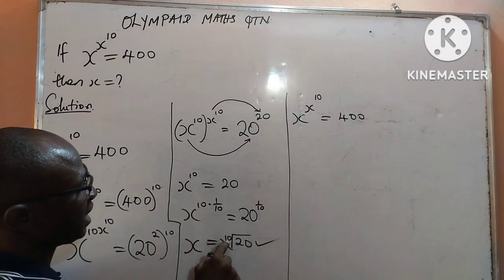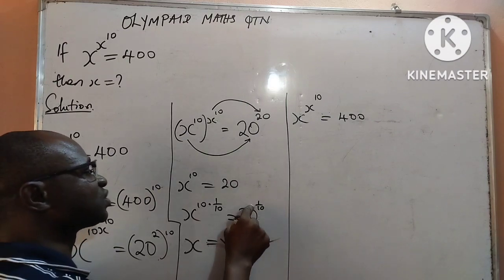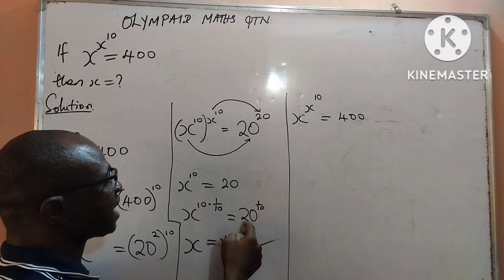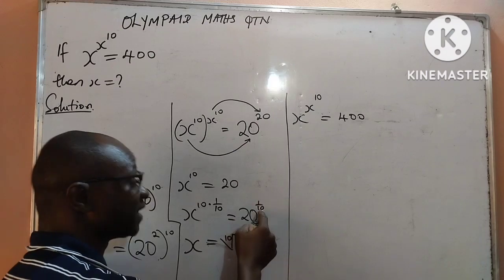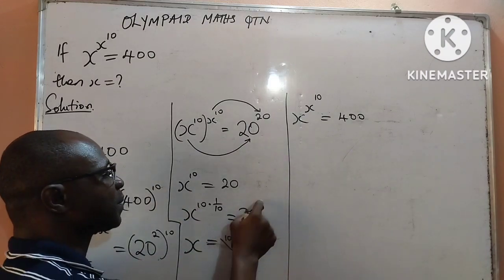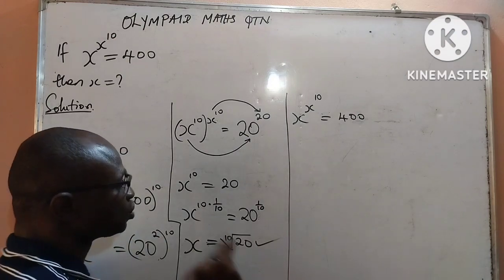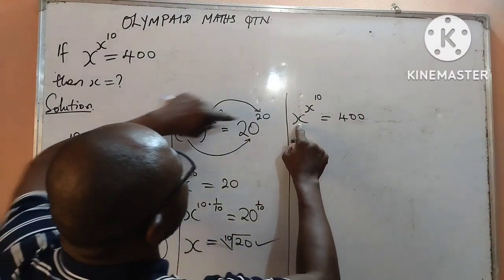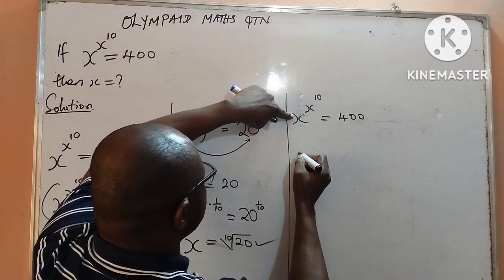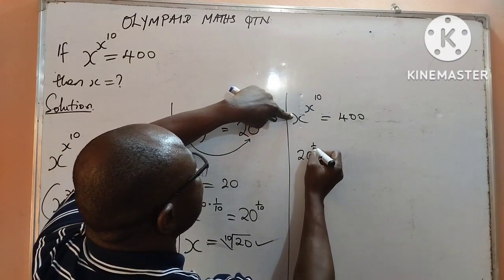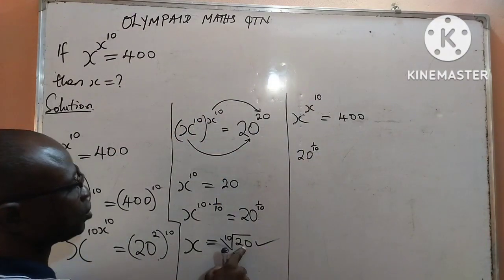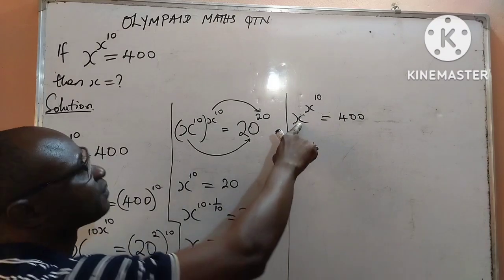But remember that the 10th root of 20 is the same as 20 raised to the power 1 over 10. Therefore, here, I will write 20 raised to the power 1 over 10. That is the 10th root of 20 for this base x.